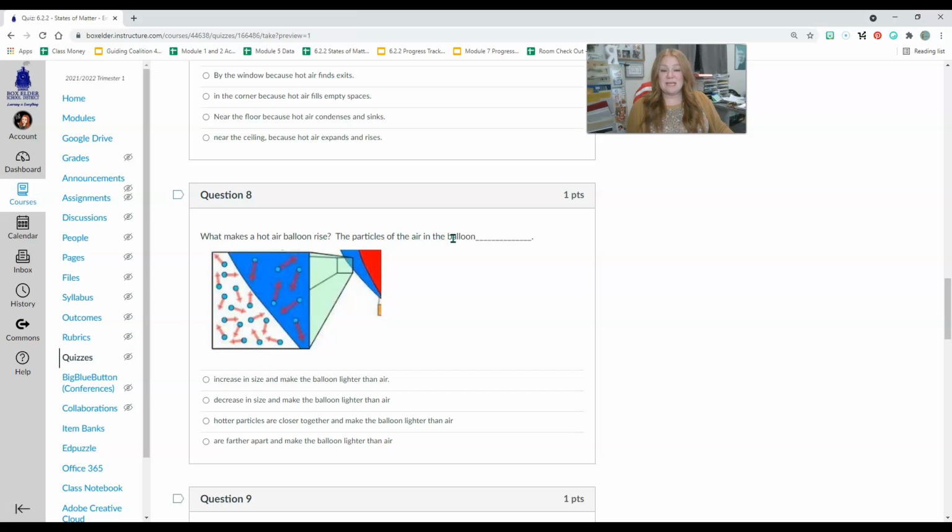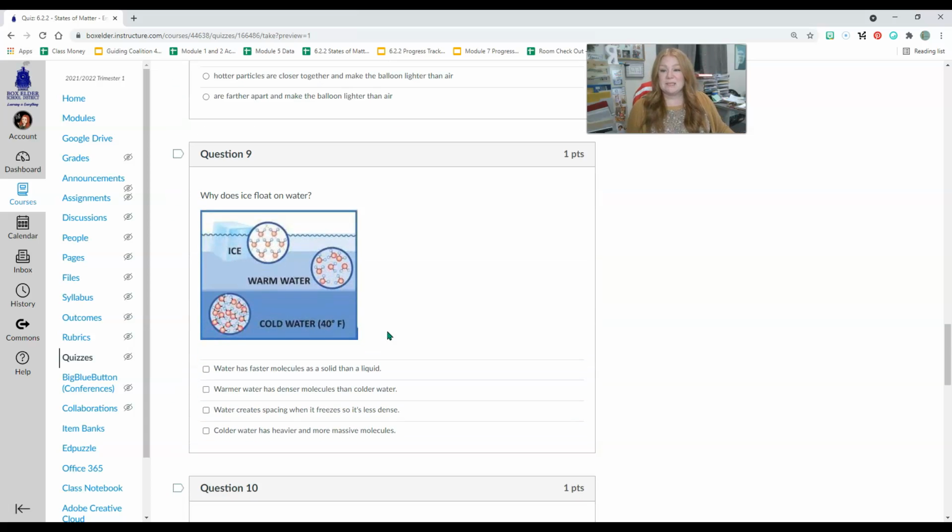The particles in the balloon increase in size and make the balloon lighter than air, decrease in size and make the balloon lighter than air. Hotter particles are closer together and make the balloon lighter than air, or are farther apart and make the balloon lighter than air. So what's happening to these particles that makes the hot air balloon rise?